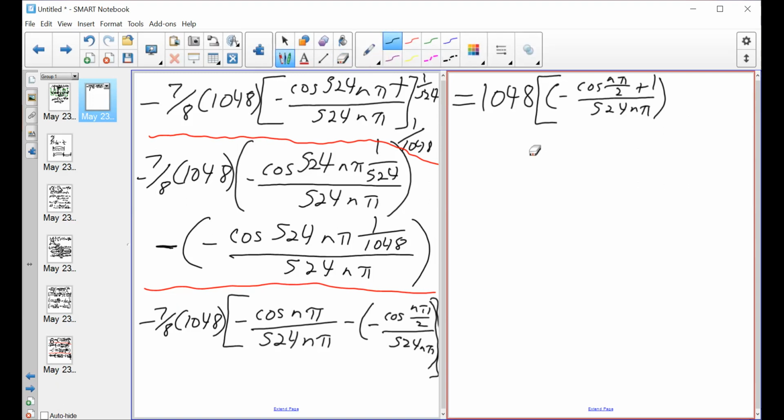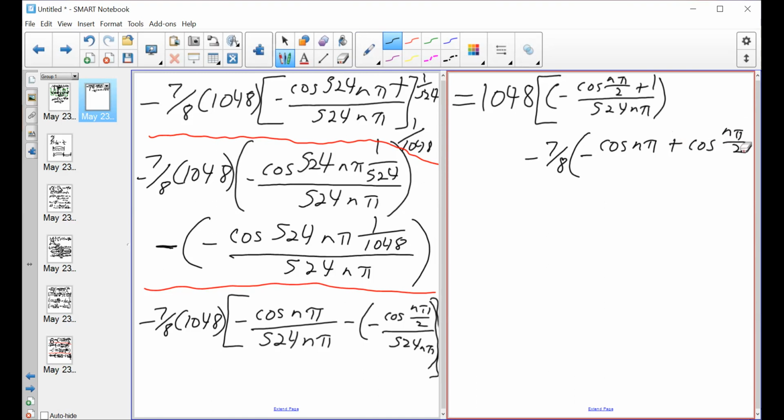So that becomes minus 7/8 times negative cosine n pi plus cosine n pi over 2.